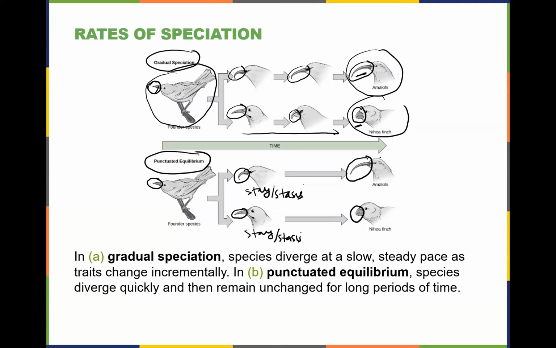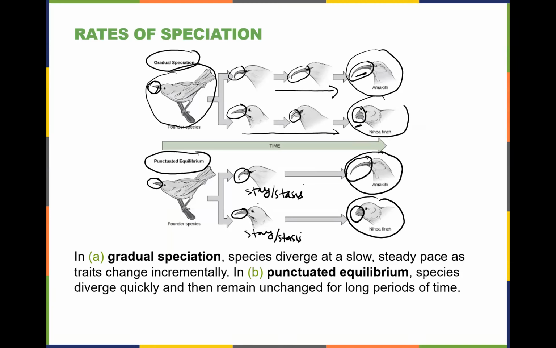Okay, so at the end, the final product will be two species, one that has a very long beak and another that has a very short but thick beak. So it's very similar to the top. However, the top has gradual change, but the bottom one does not have the gradual change.